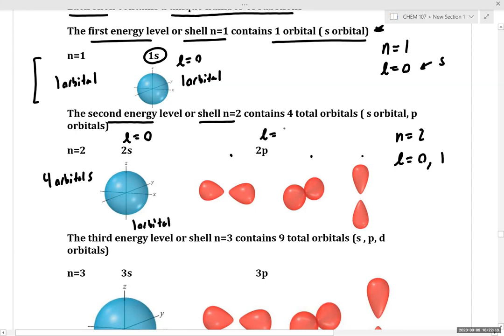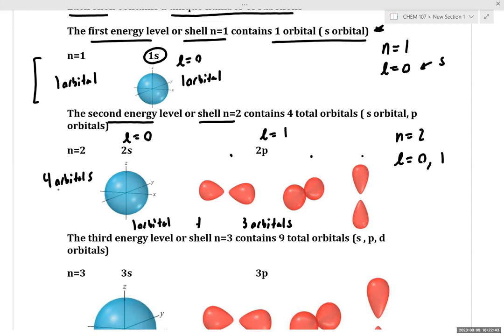And L equals 1 describes our p orbitals, where we can have 3 p orbitals in that subshell. 1 plus 3 gives us 4. Does that make sense? Is everyone comfortable with this idea?